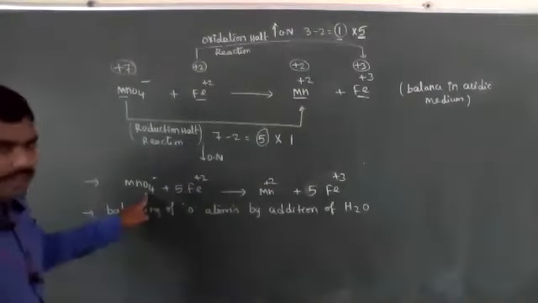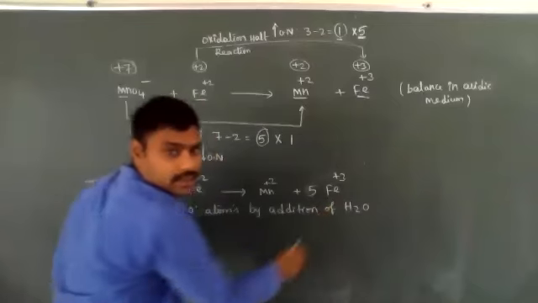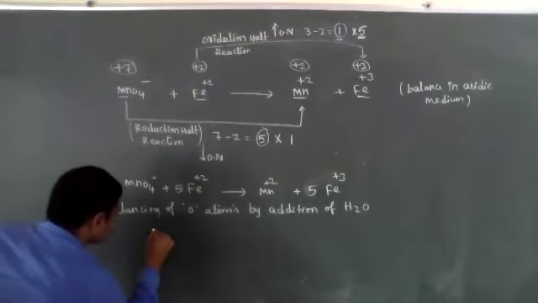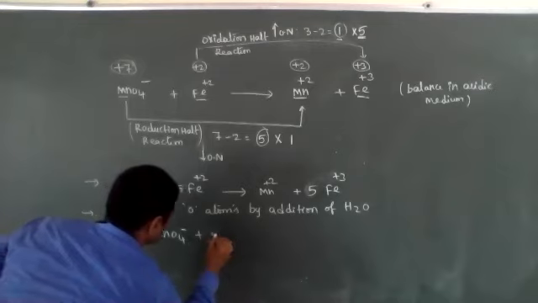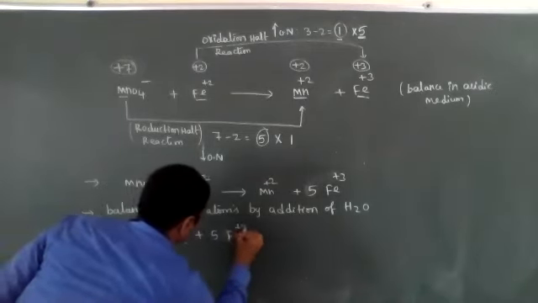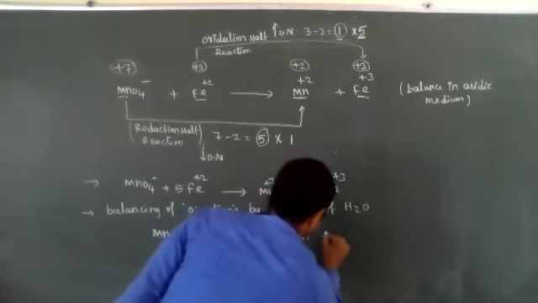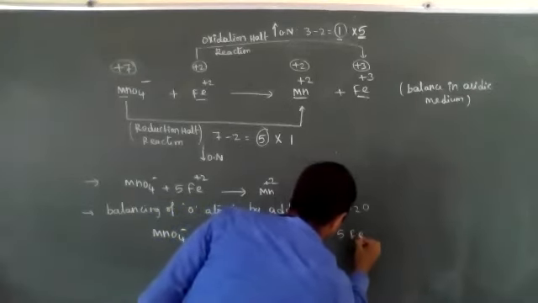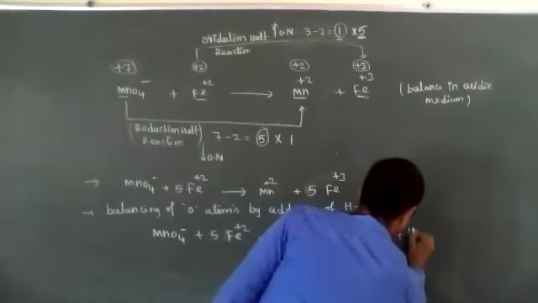See, here 4 oxygen atoms are present, but on the right side no oxygen atoms. MnO4 minus plus 5 Fe plus 2 is converted into Mn plus 2 plus 5 Fe plus 3 plus 4 H2O.